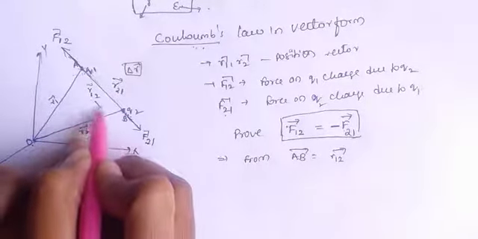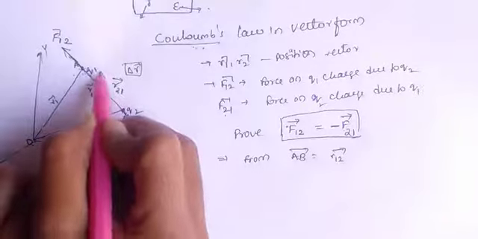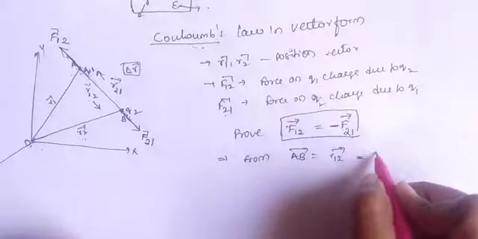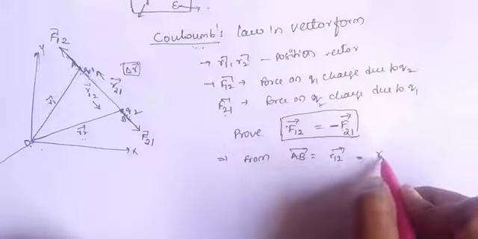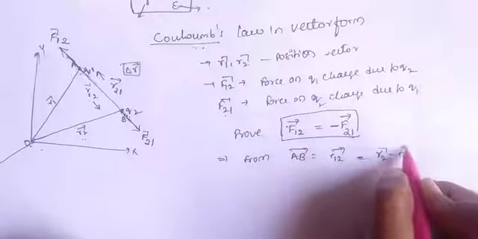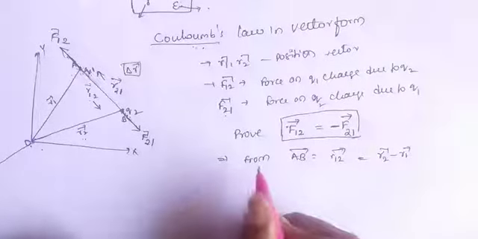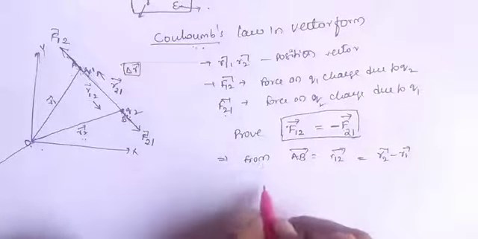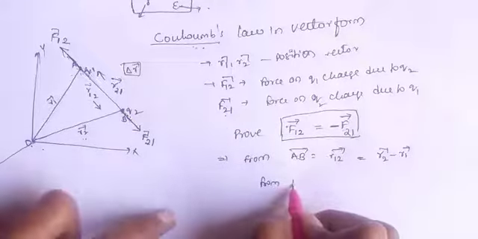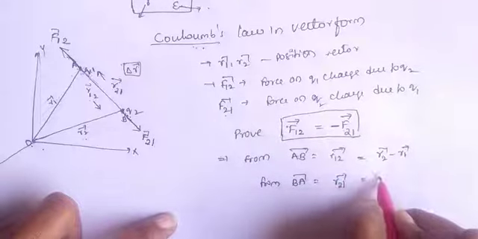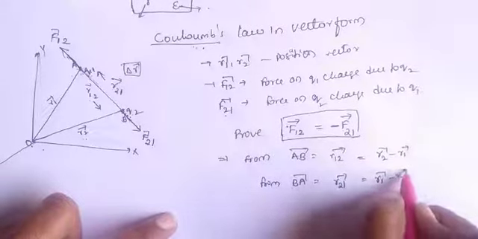This is in this direction, and R21 is in this direction. So R12 can be written as R2 minus R1. And the next one is from B to A, so that is R21, which can be written as R1 minus R2.